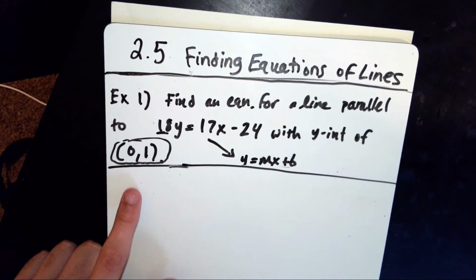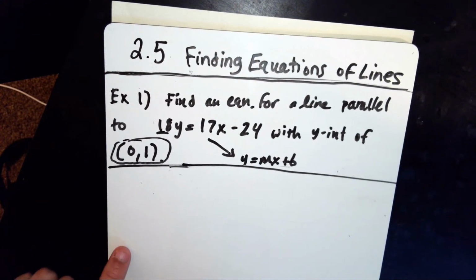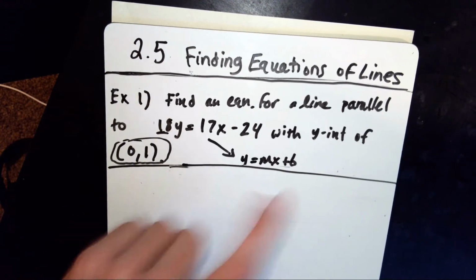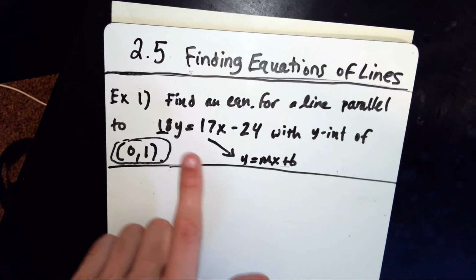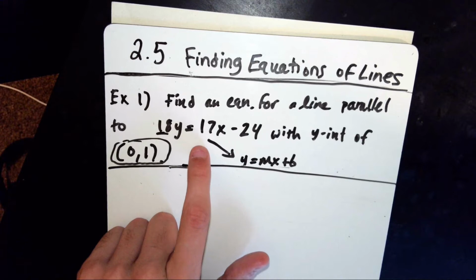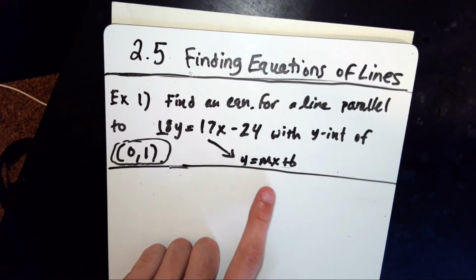So the first thing to note is that the y-intercept of this line may not be the y-intercept of the line that we're looking for, but the information that this line does contain is the slope. So let's get this into slope-intercept form and find the slope.